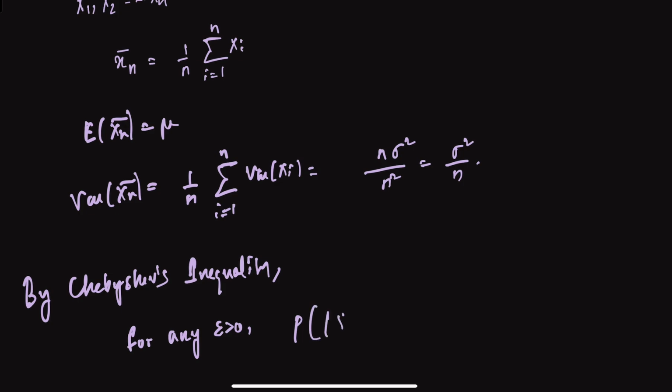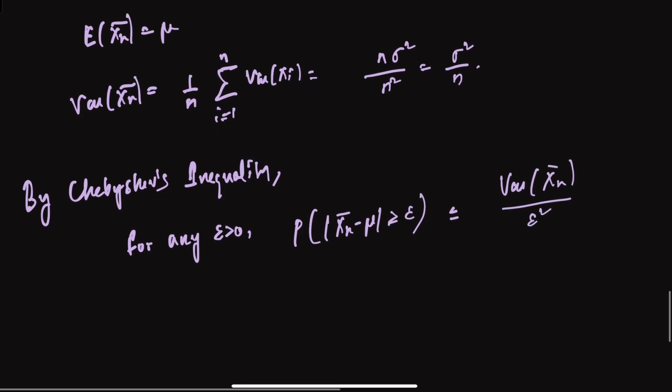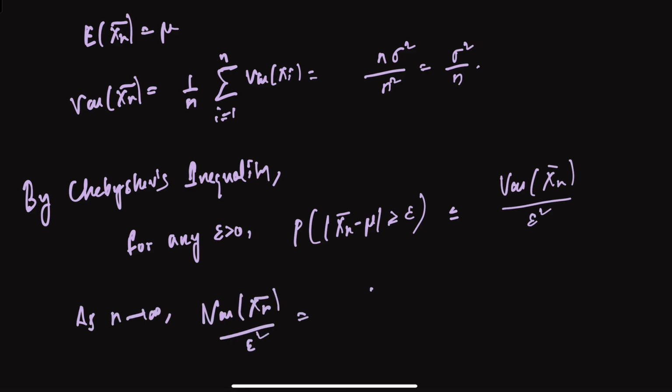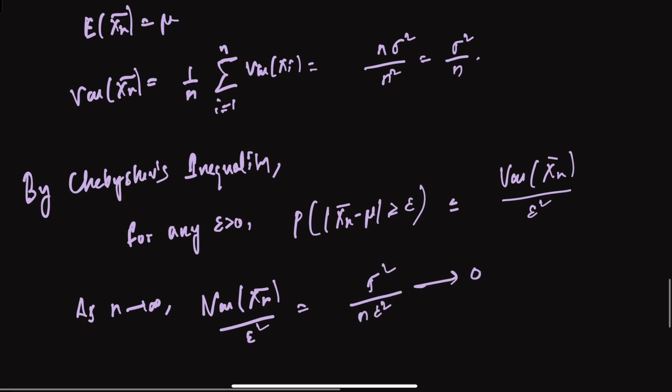By Chebyshev's inequality, for any epsilon greater than 0, the probability that the absolute value of Xn bar minus mu is greater than or equal to epsilon is less than or equal to the variance of Xn bar divided by epsilon square. As n tends to infinity, this bound, sigma square by n epsilon square, tends to 0.